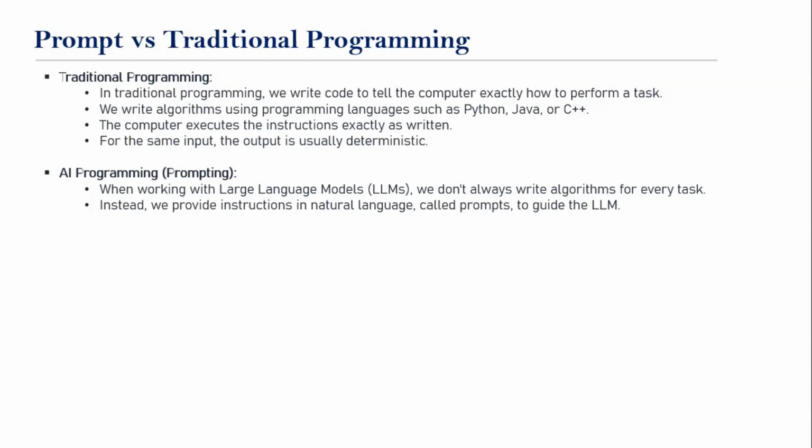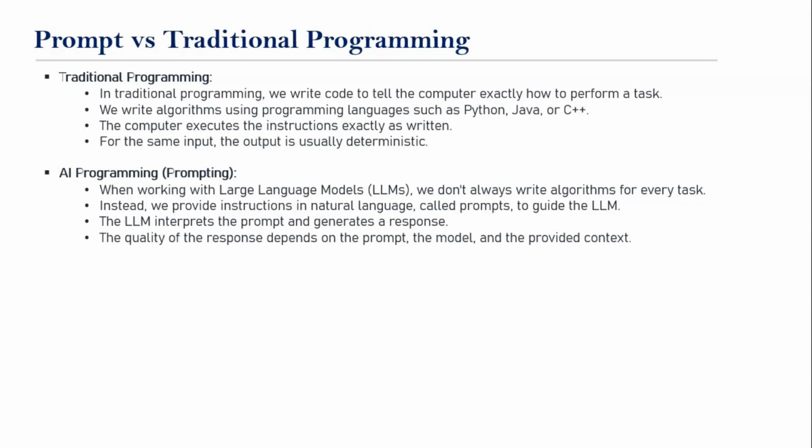Here you don't need to write any program. Simply we have to provide instructions in natural language to guide the LLM, and those instructions in natural language are called prompts. So the LLM interprets the prompt and generates a response. So be clear, the quality of the response depends on the prompt, the model, and the provided context.